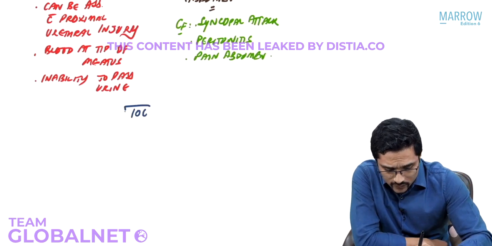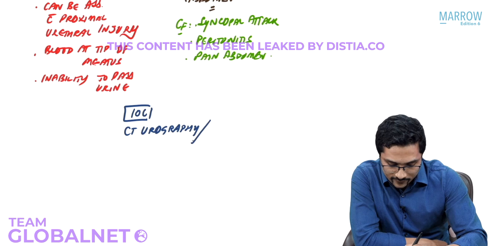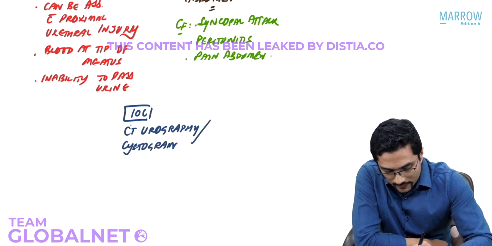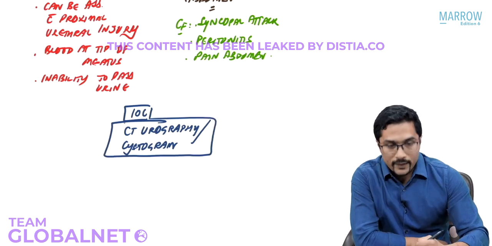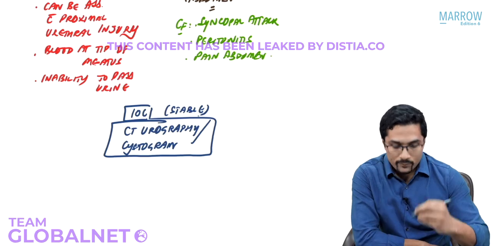The investigation of choice is a CT urography, or CT cystogram, but this can only be done in patients who are stable. So this is the investigation of choice in a stable patient.